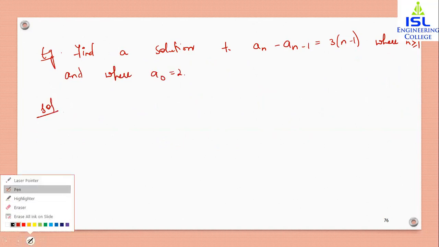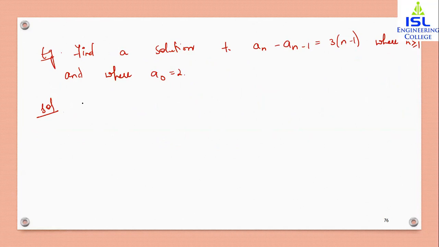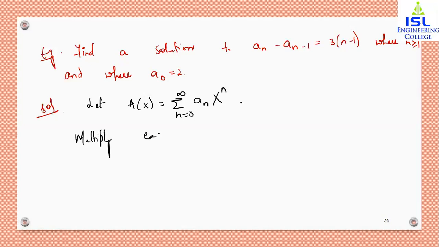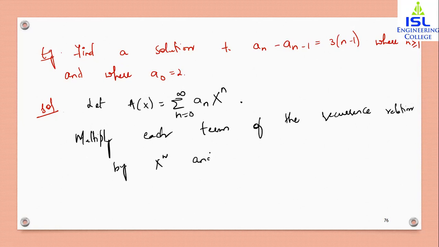What are we first supposed to do? We are first supposed to take A of x. Let A of x is equal to sigma n is equal to 0 to infinity a_n x power n, then multiply each term of the recurrence relation by x power n and sum from 1 to infinity.